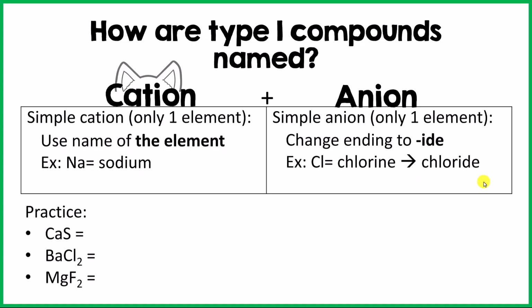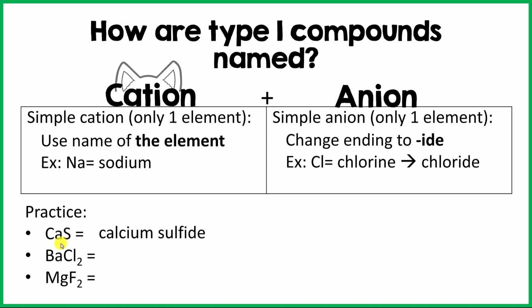So let's practice. Name these compounds. Pause the video until you figure it out. Okay, these are straightforward. Calcium sulfide. Remember, we know that this is a different element because there's capital letters here.